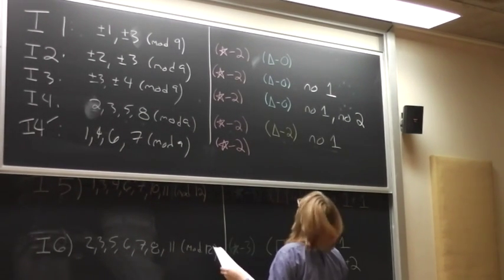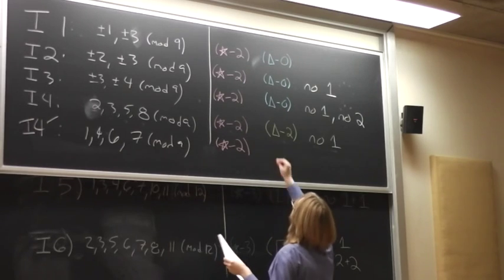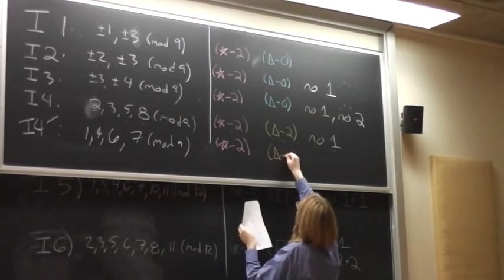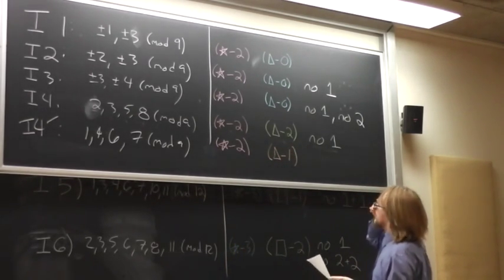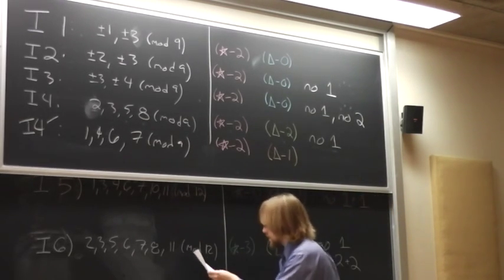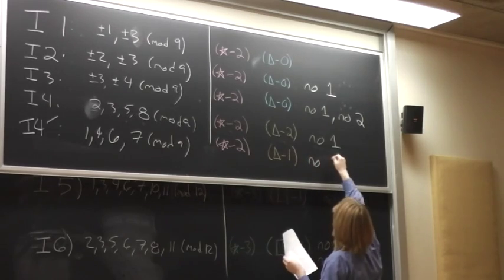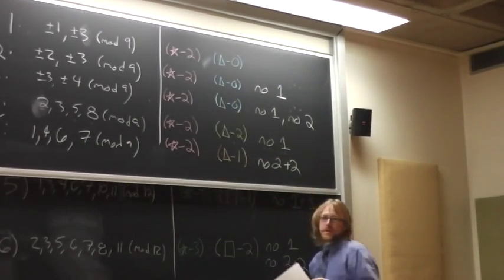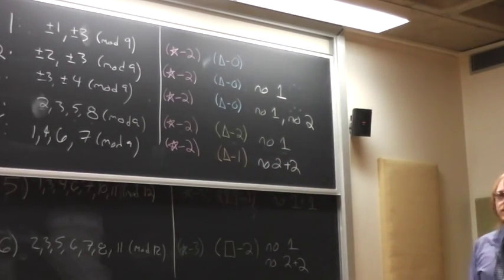The congruence flips from 2 to 1, no surprise there. And then the initial condition is no 2 plus 2. So you're allowed to have 1 in it, you're allowed to have 2 in it. 2 plus 2 would be allowable by the other sum side conditions, but we're banning that.